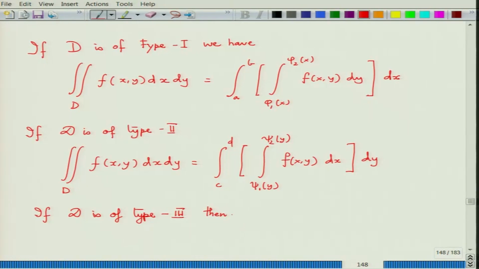So, this is how we have defined the integral over the domain when you have this very specialized form of the domain.